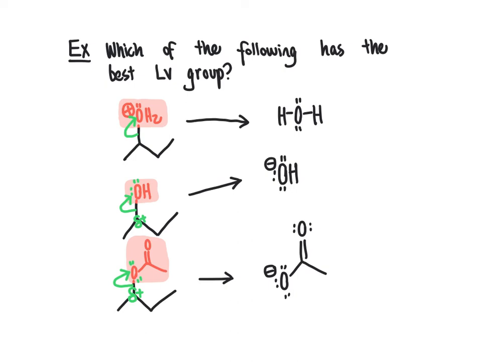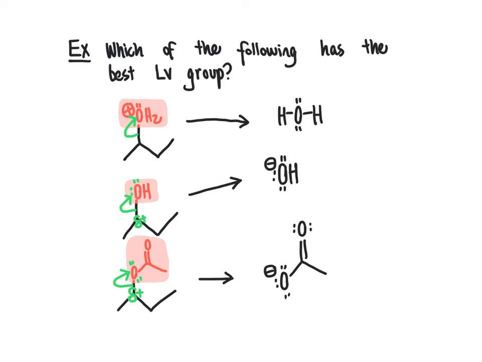And now, in order to assess which of these molecules that we started with has the best leaving group, we need to compare the stabilities of the three products that would result, the three leaving groups that have broken away here. So looking at these and going back to that list of criteria for evaluating the ability of a leaving group to leave, the first thing on the list was having the negative formal charge on the most electronegative atom, or even better, having no formal charge at all.